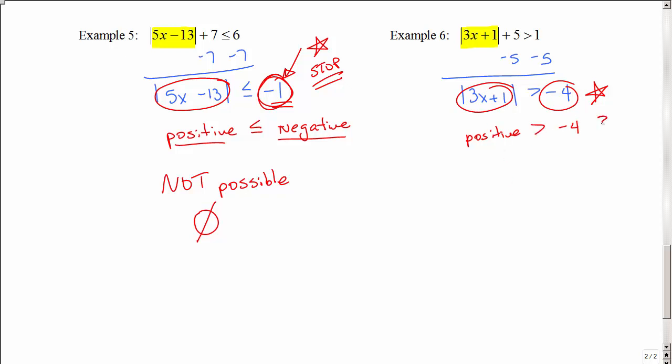Greater than negative 4. Isn't something positive always bigger than something negative? This is always true. Something positive is always bigger than something negative. So this answer, you could write as all reals or in interval notation from negative infinity to positive infinity.